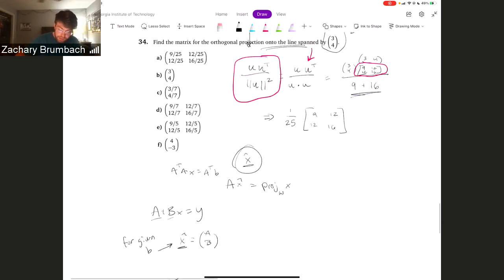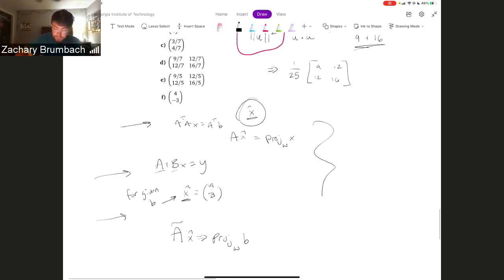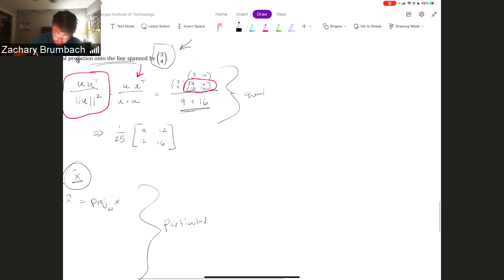This gives you the projection for a matrix and a given B. So think of this as particular, and this as general. And there's also the monstrous equation I believe you guys have seen, to get your general matrix, right?